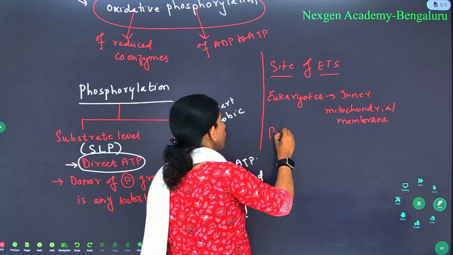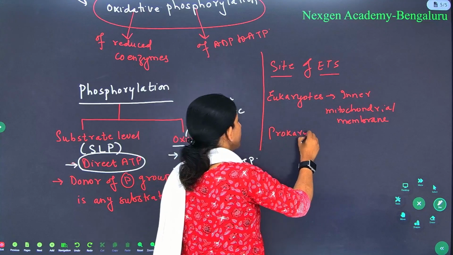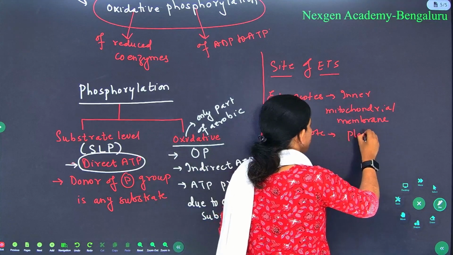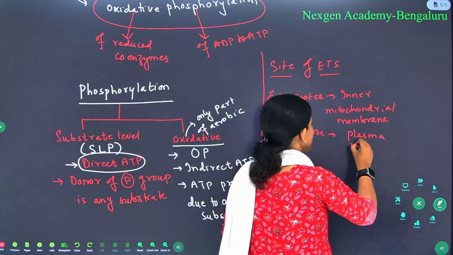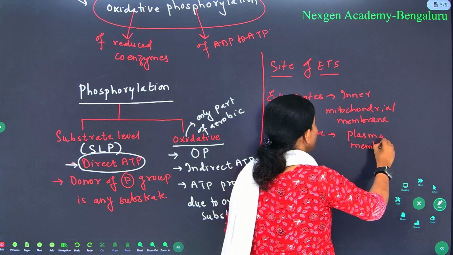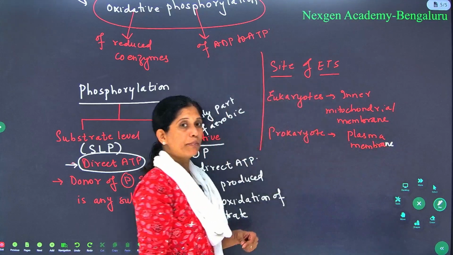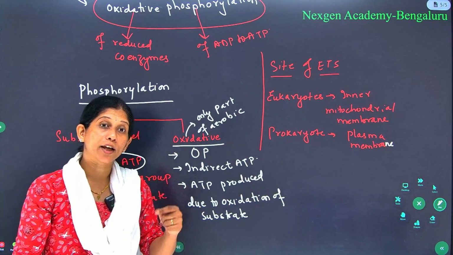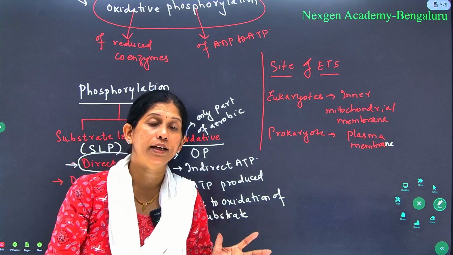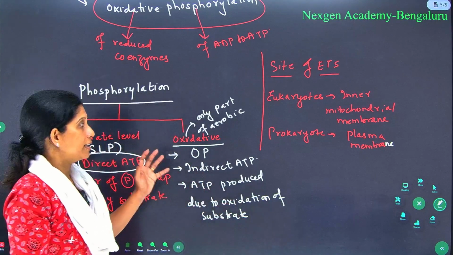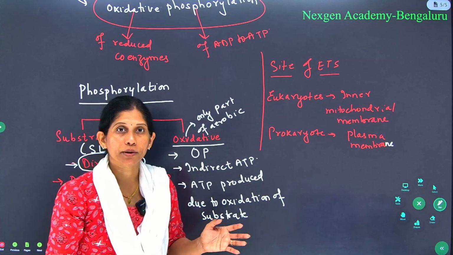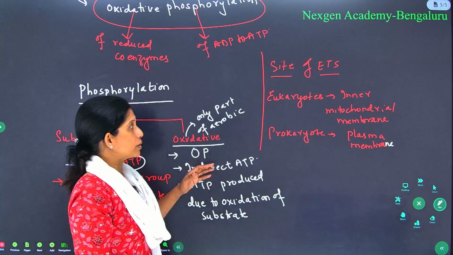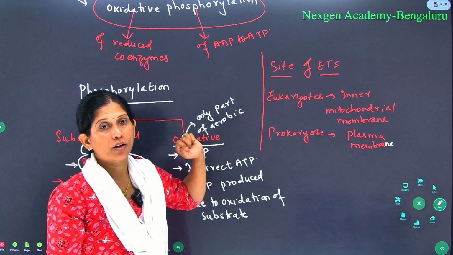Whereas in prokaryotes, as I told you, the site is the plasma membrane, because they do not have mitochondria. So there is no question of them doing the process in mitochondria. But we do have aerobic bacteria. So where do they do their aerobic respiration? They will do it in their own plasma membrane, a part of the plasma membrane that you also call mesosomes, right? So this is about the site of the electron transport system.